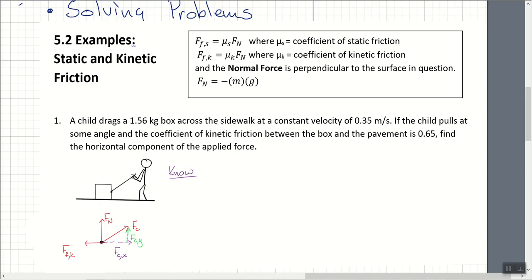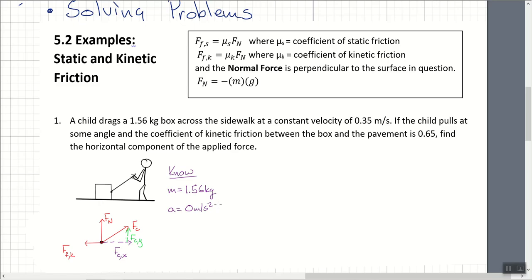Okay, let's cook. Right off the bat, I know that the mass of this box is 1.56 kilograms. I know that the velocity is constant, and I'm not even going to write down the velocity, but what I will write down is that the acceleration is 0 meters per second squared. If I have a constant velocity, it's never changing.